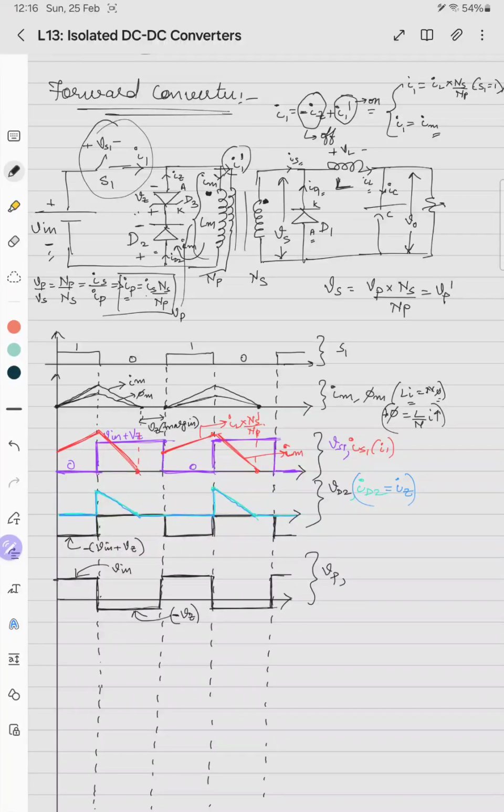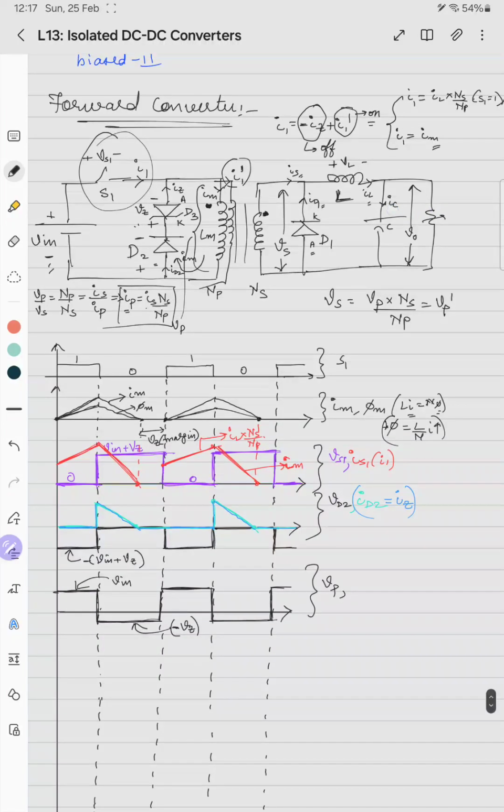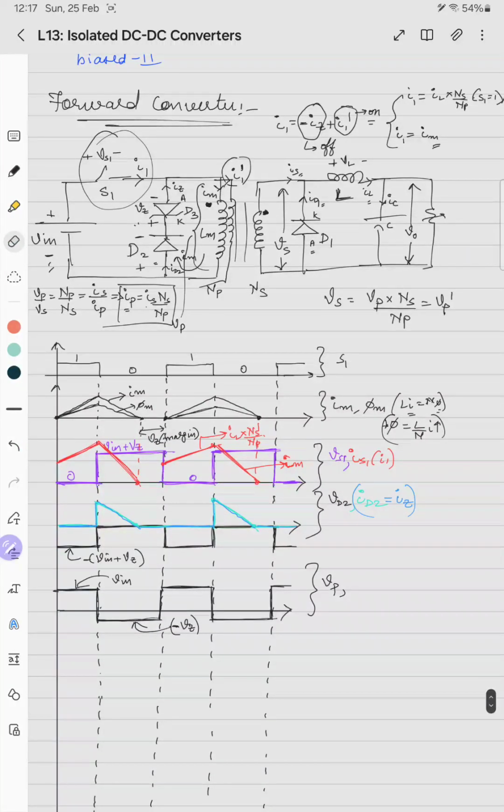Now the I1 dash current. I1 dash is nothing but IS into NS by NP.